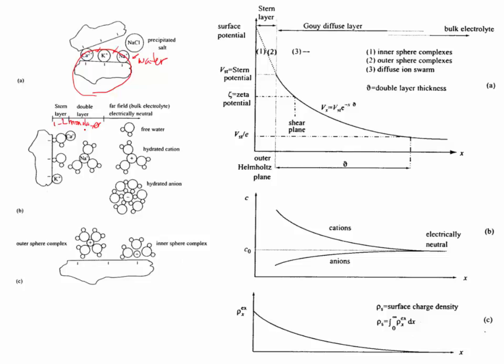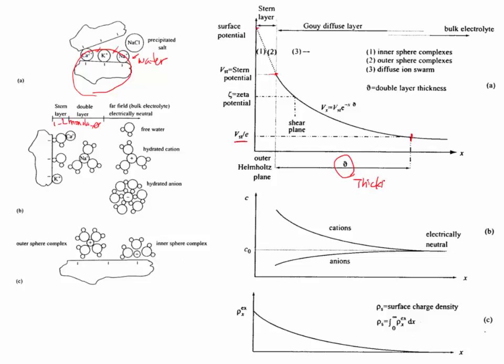Okay? So as you go further away from the clay surfaces, you have a Stern layer that's strongly bound, then a little bit structured is the diffuse double layer, and then you have free water. And it's difficult to remove this Stern layer. So when we measure the potential, we cannot measure at the surface. We only measure here at the Stern layer because it's hard to remove these materials. So this is the Stern layer potential, and when the Stern layer potential decreases to 1 over e, then this is the double layer thickness.